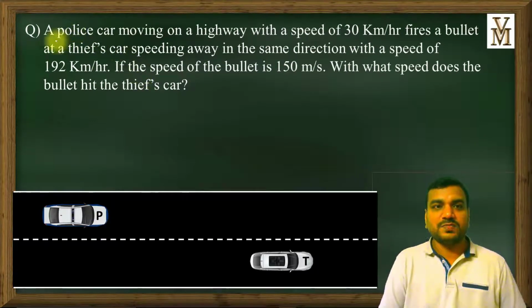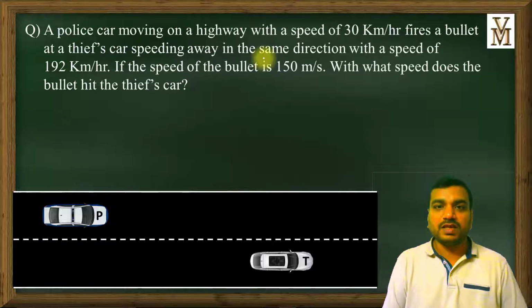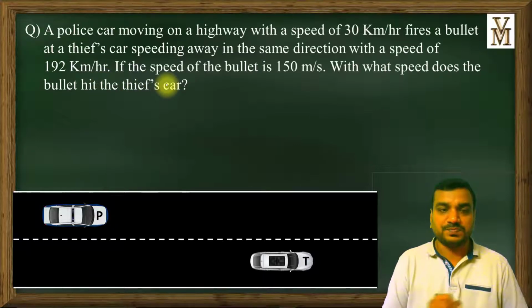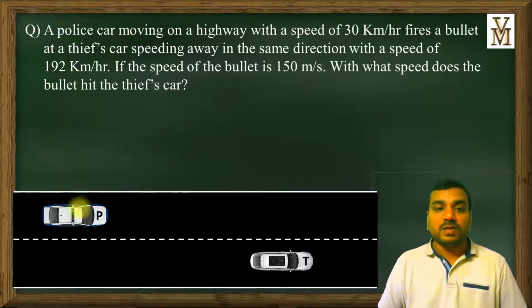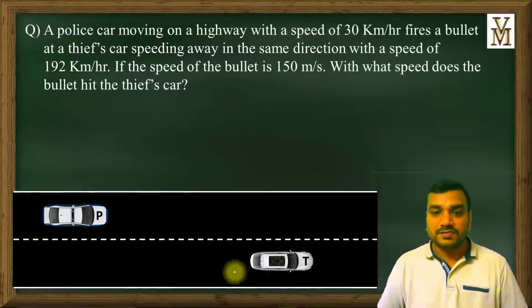The next question is: a police car moving on a highway with a speed of 30 km per hour fires a bullet at a thief's car, speeding away in the same direction with a speed of 192 km per hour. If the speed of the bullet is 150 meter per second, with what speed is the bullet going to hit the thief's car? Now what are the things given? On a highway, a police car is chasing the thief's car.